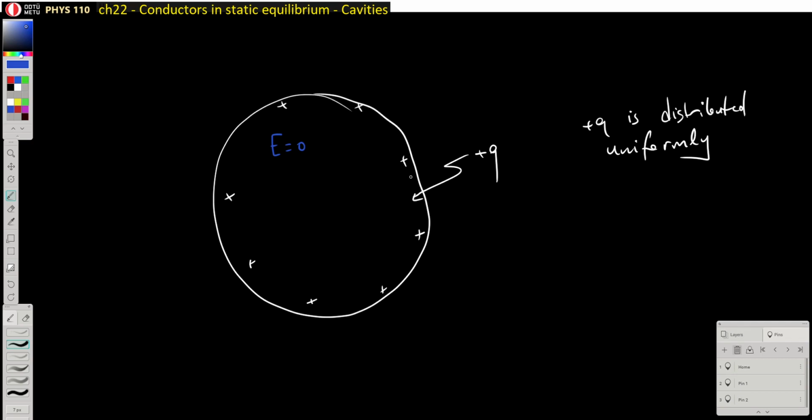It has to be distributed with the same symmetry as the sphere, so it has to be distributed in a spherically symmetric way. In which case, the electric field inside is equal to zero, so that's consistent with our expectations because there's a conductor inside. And so therefore, at any point outside, the electric field can be said to be equal to this expression given by Coulomb's law.